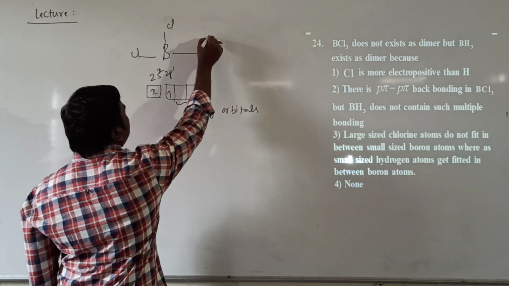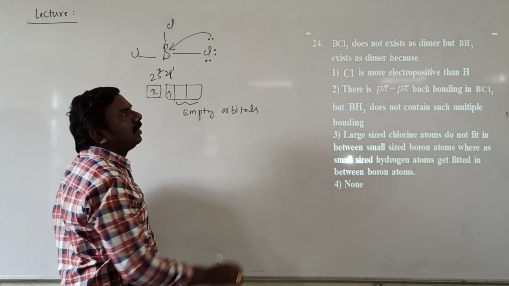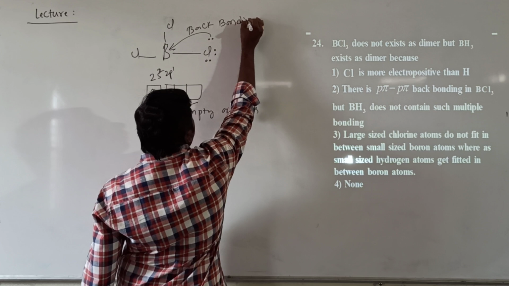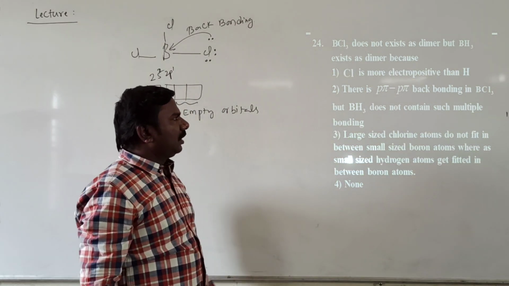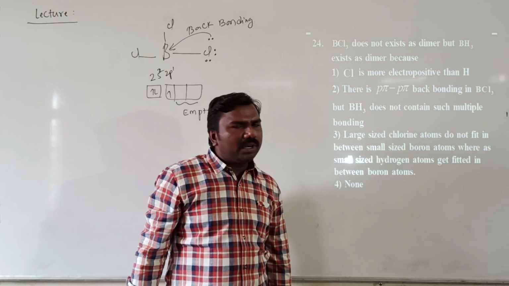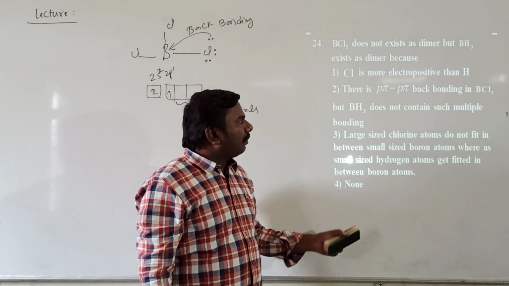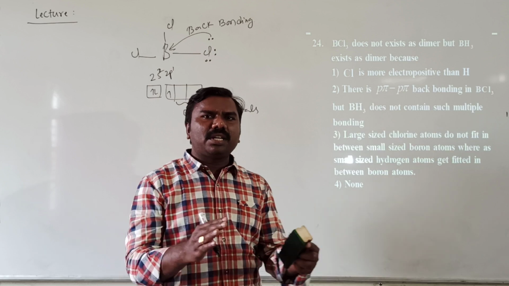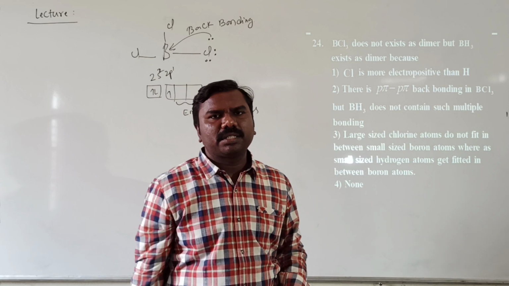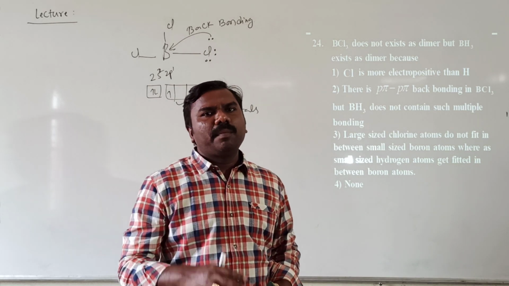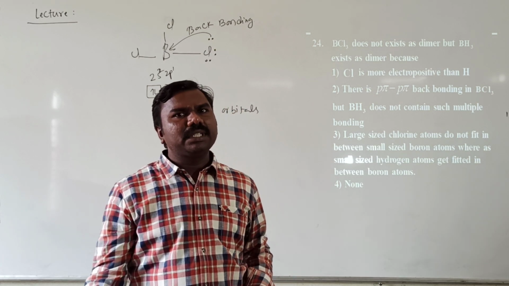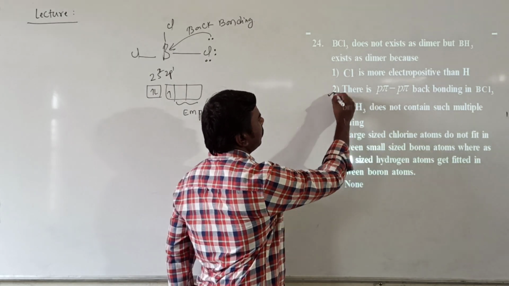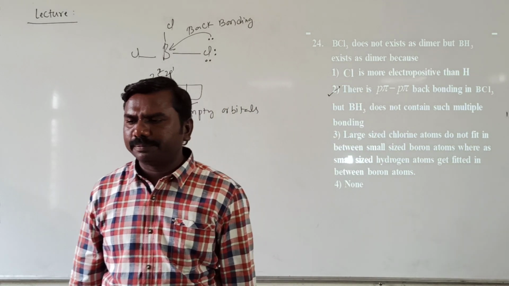Due to the presence of empty orbitals, the lone pairs will be shifted. This bonding is called back bonding, which we studied already. The right answer: there is p-pi back bonding in BCl3, but BH3 does not contain such multiple bonds. That's why BH3 and another BH3 will dimerize. Due to the back bonding, BCl3 and another BCl3 will never dimerize. That's why the answer will be the second option, due to back bonding.